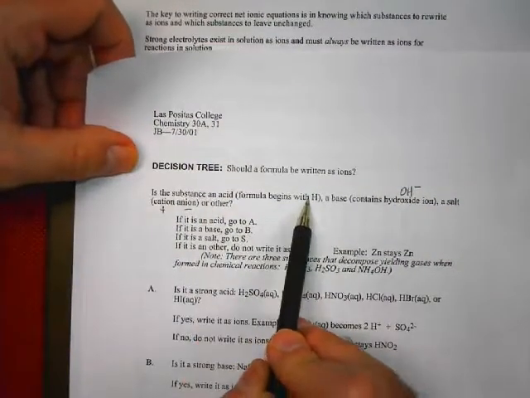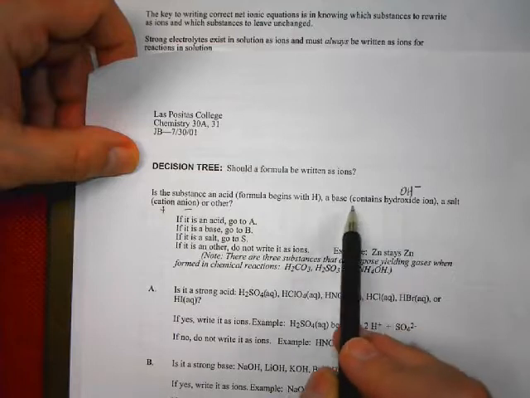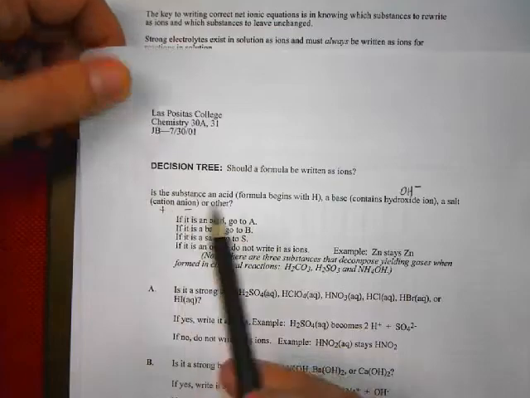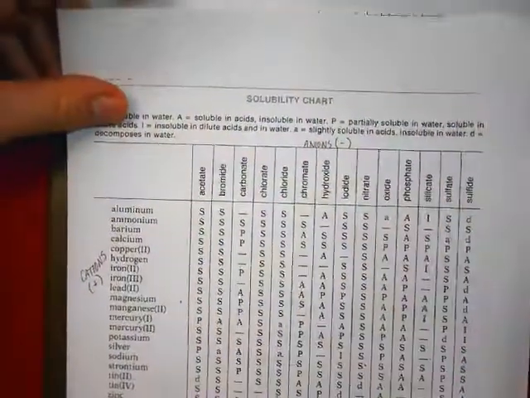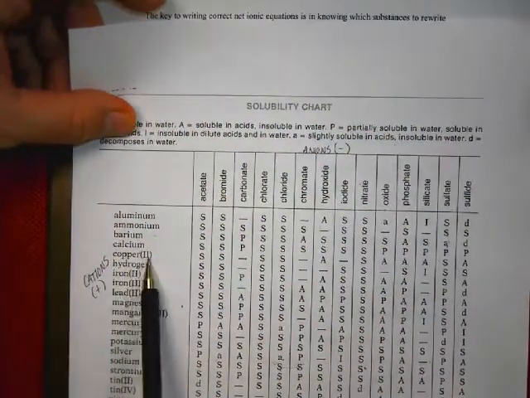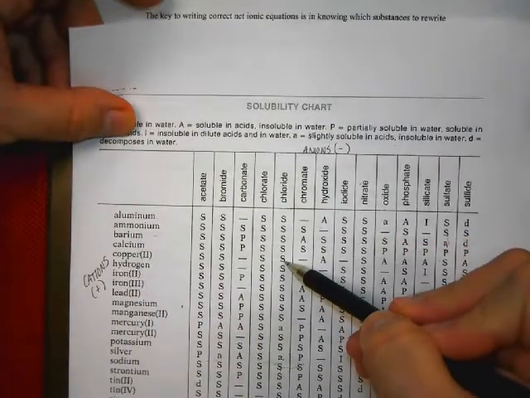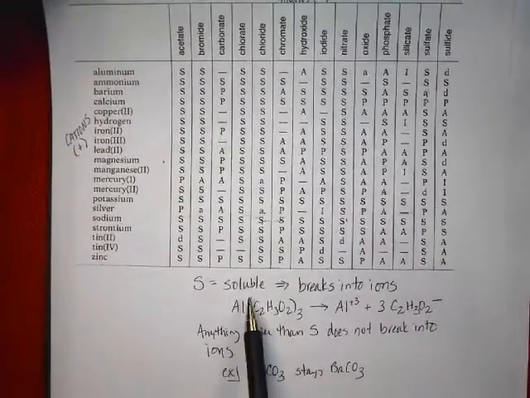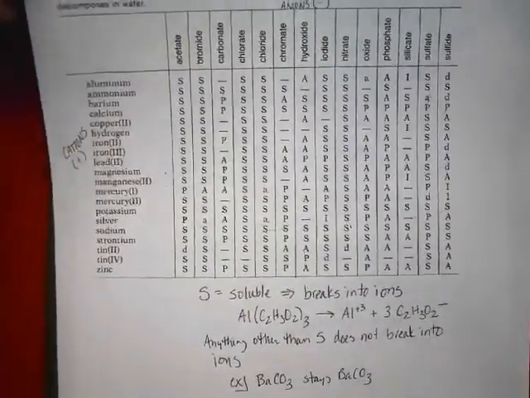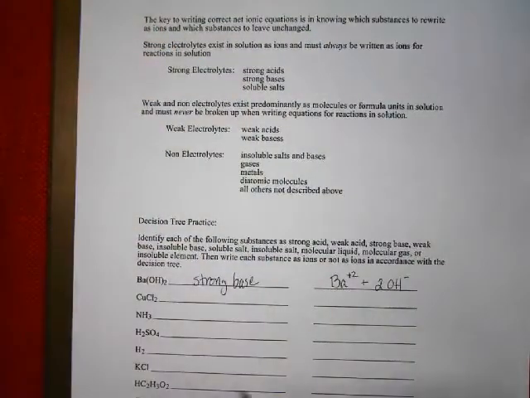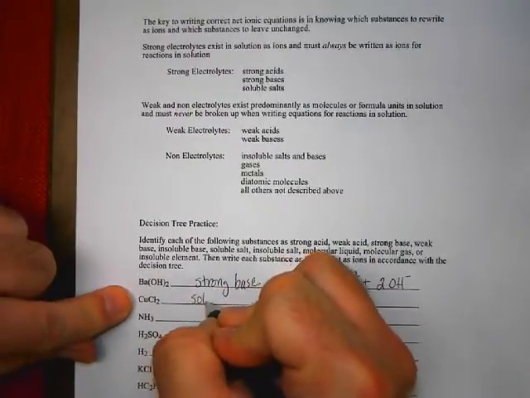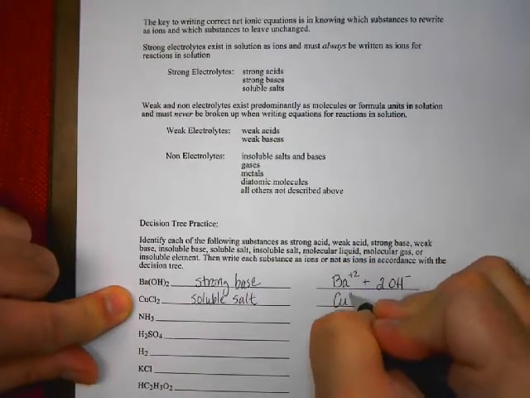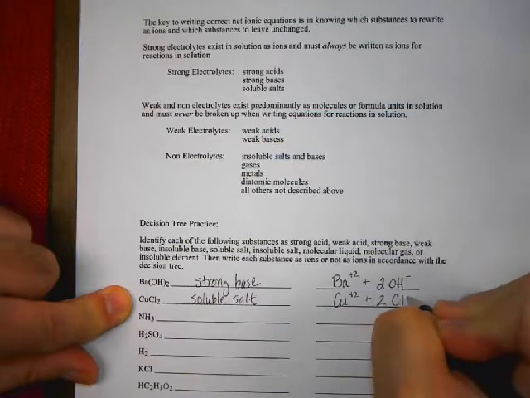Does it begin with H? No. Does it contain hydroxide? No, so it's not a base. Is it a salt, a cation and an anion? Well, yeah, it is. So if we go to the back of our sheet, here's copper 2, here's chloride, and there's an S in the box. Well, if we look at our notes down here, we see that S means soluble. It breaks into ions. So on our worksheet, this is a soluble salt. So we end up with Cu 2+ and 2Cl-.